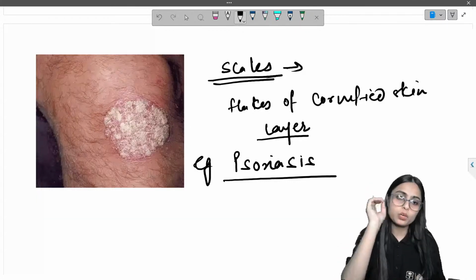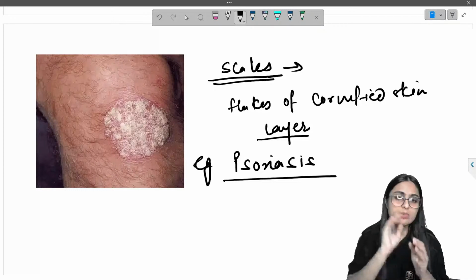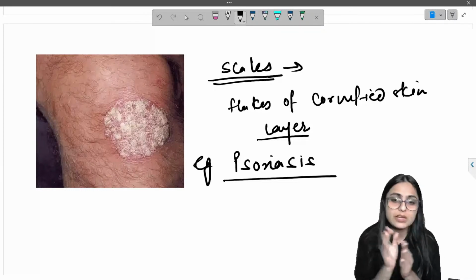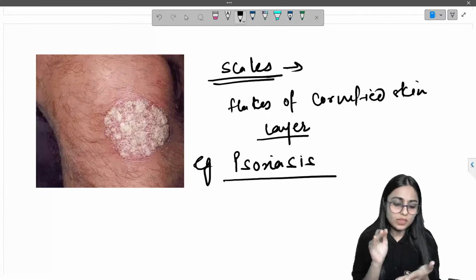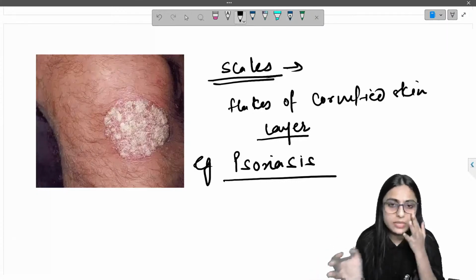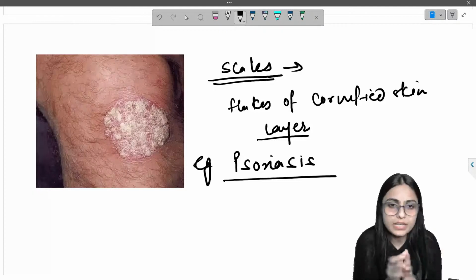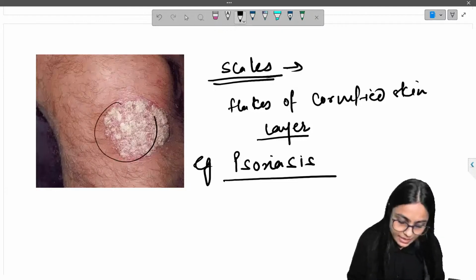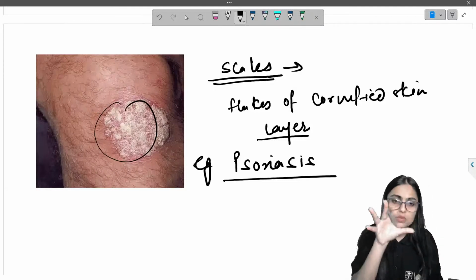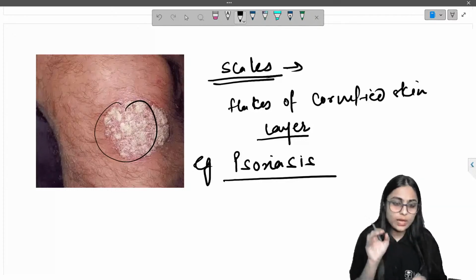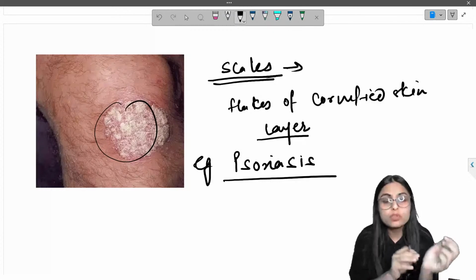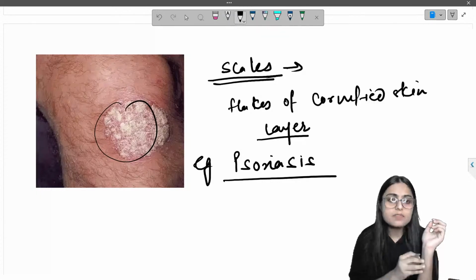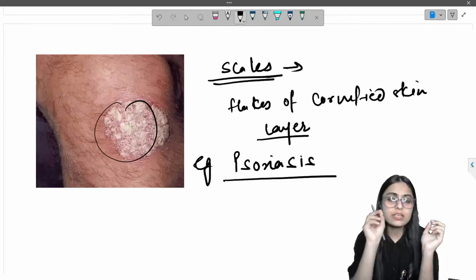And one positive sign is associated with these scales. We'll study that later, but just to give you a basic idea, this white portion which you see, these are scales. Now when you rub on these scales, try to remove those scales, that surface will leave bleeding points.